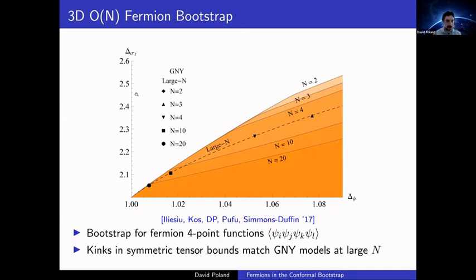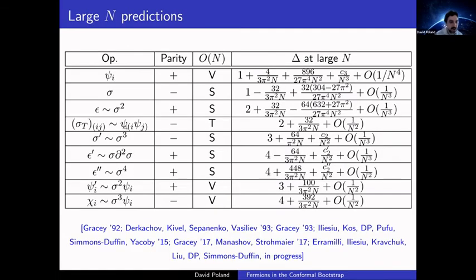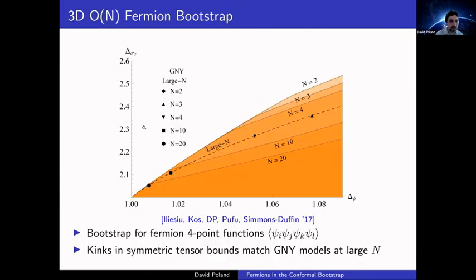This is the leading parity odd 2-index tensor, which is like psi i psi j. So you can see there's a curious structure here. For n equals 2, we get some curve. And then at larger values of n, the curves basically follow the n equals 2 curve and then branch off at some point. The other interesting fact about this plot is that the location at which it branches off, at least at large n, seems to match nicely to the large n predictions for these scaling dimensions.